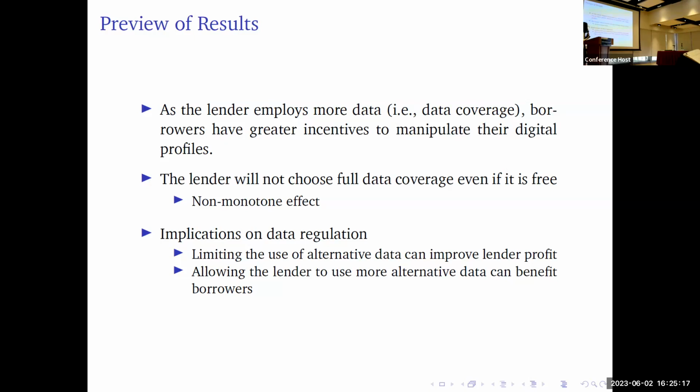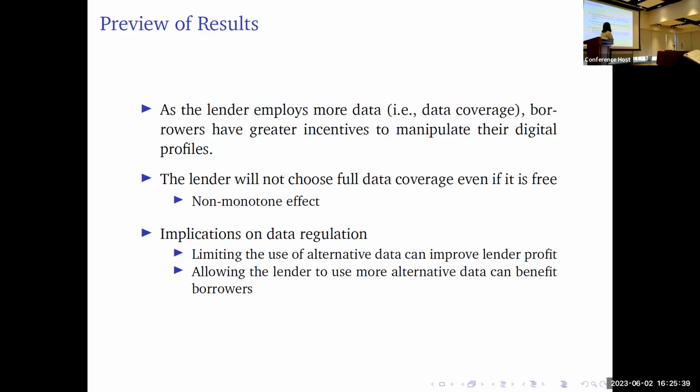Some notable findings are the following. Usually we think, from the lender's perspective, that if the regulator limits the use of big data in the credit lending process, that may hurt the lender. What we find is the opposite: limits on the use of alternative data can actually help the lender improve profits.